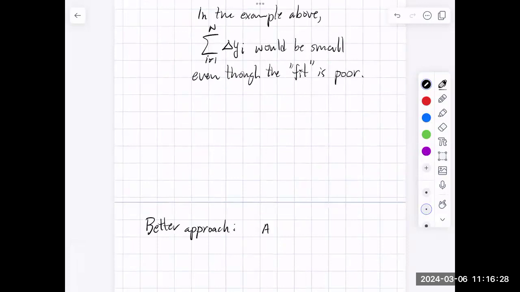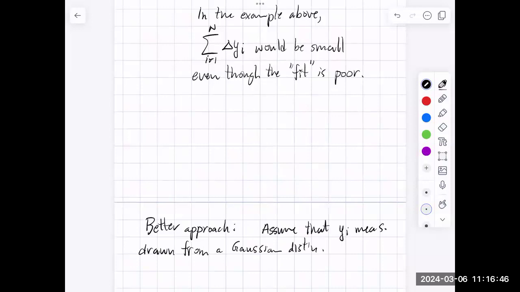What we'll do is assume that the yi measurements are drawn from a Gaussian distribution, or a normal distribution. The reason we spent so much time on distributions at the start of term is so that we could make use of some of their properties here, especially of the Gaussian distributions.